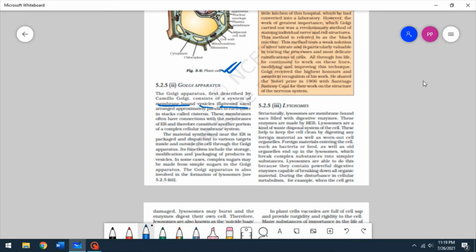They are arranged approximately parallel to each other in stacks called cisternae. Whatever I underlined are important points in that definition. These membranes have connections with the membranes of the endoplasmic reticulum that constitute another portion of a complex cellular membrane system.